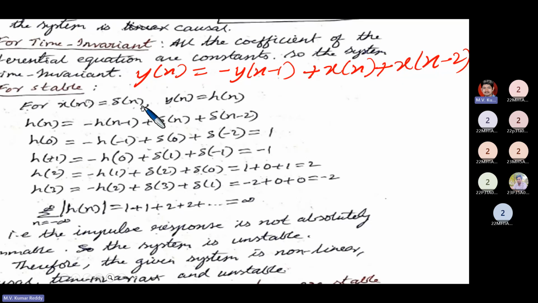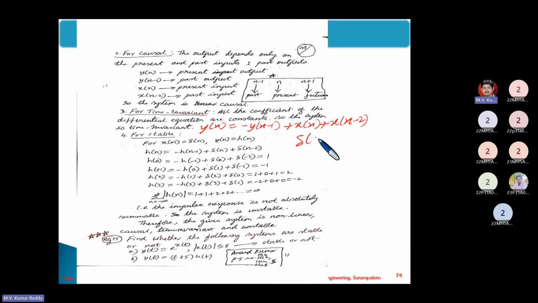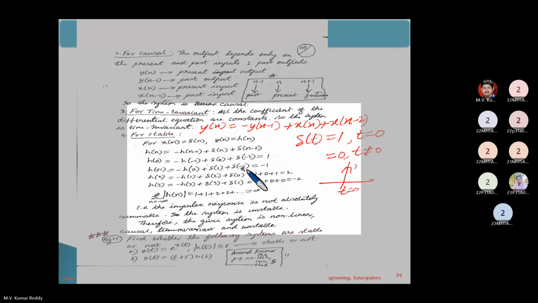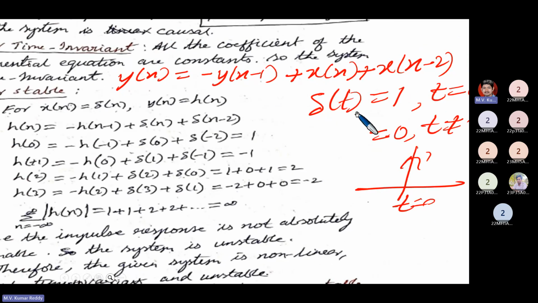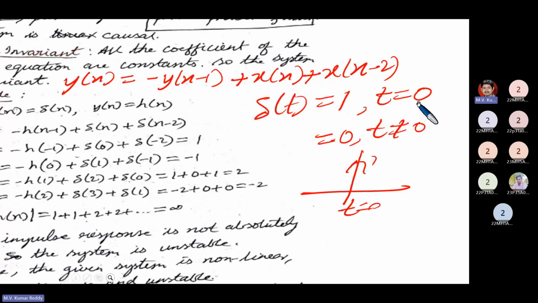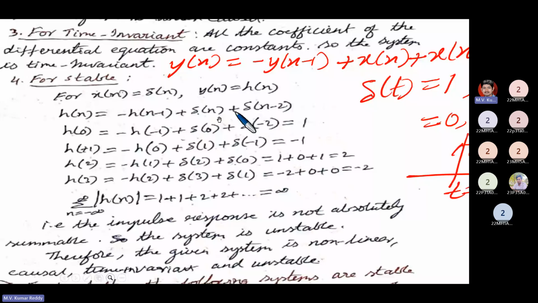Already we know for impulse function it is equal to 1. Okay, delta of t is equal to 1 at t is equal to 0, and delta of t is equal to 0 for t not equal to 0. Okay, so delta of t is equal to 1 where? At t is equal to 0. So delta of 0 is equal to 1, right? Yes sir. Okay, so wherever 0 comes, only there it gives 1. For any other value it is 0.